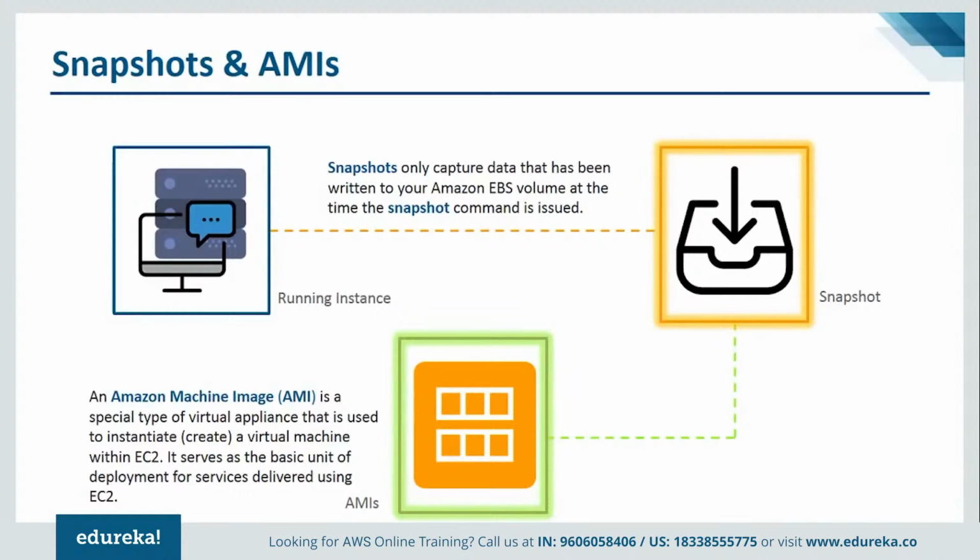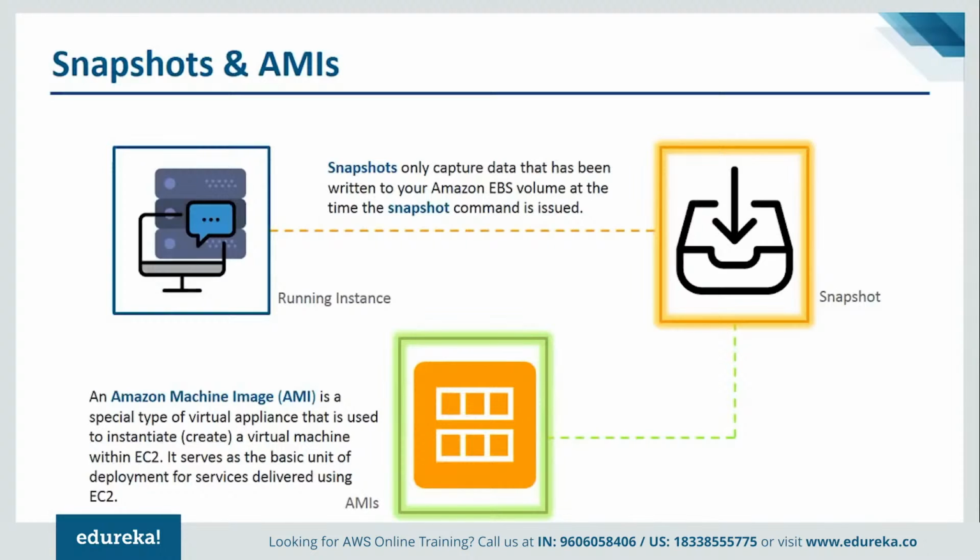So if you have your C drive and you want to copy it, you copy your C drive onto some external drive. That becomes a snapshot. But if you can boot from that external drive so that your whole operating system comes up on some other machine, then it becomes an AMI. So this is basically the difference between the two. A snapshot is not a bootable copy. An AMI is a bootable copy.